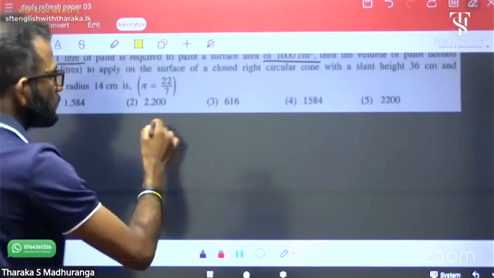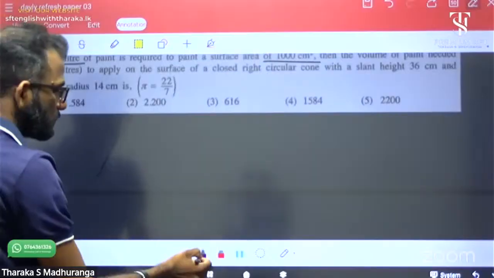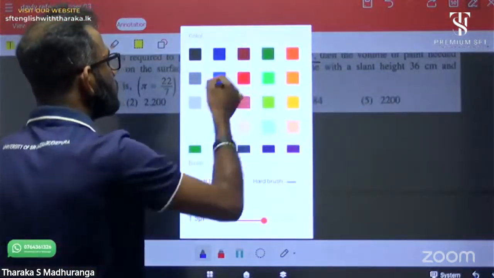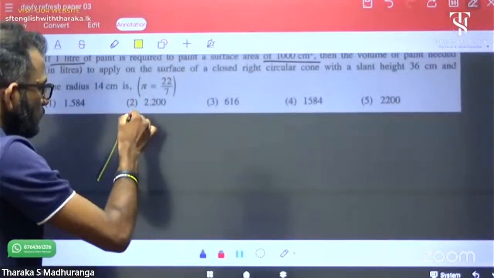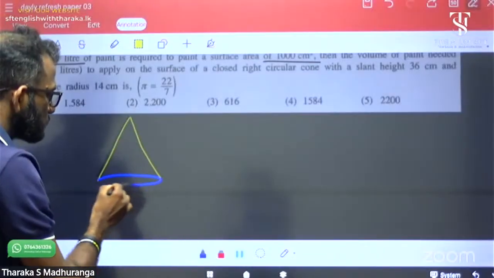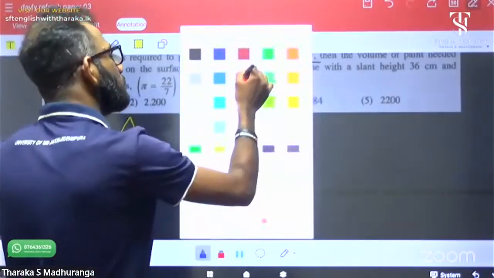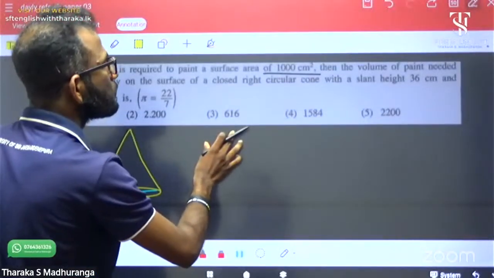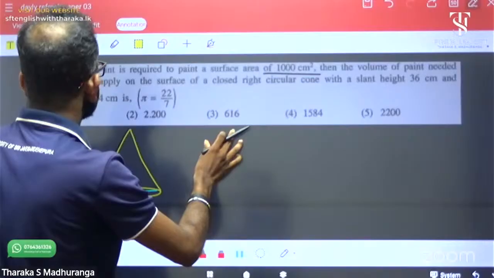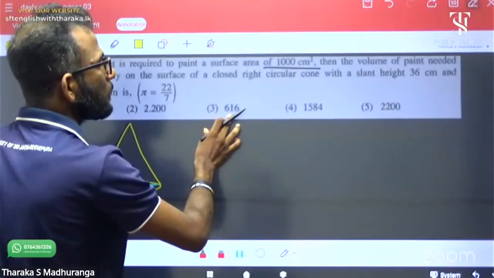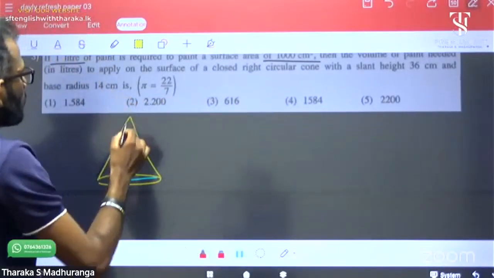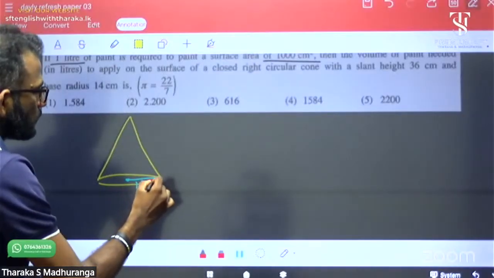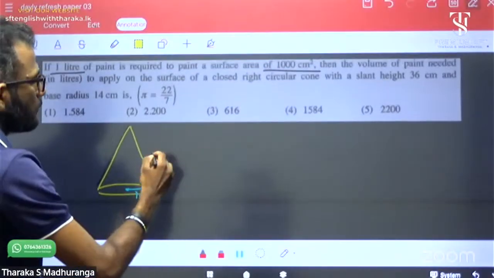Okay, think this is the shape of a cone. It's a right circular cone. Its radius is 14 centimeter and slant height 36 centimeter.